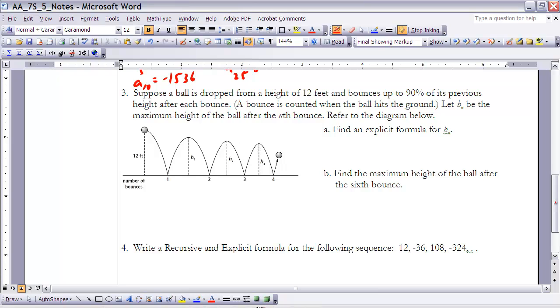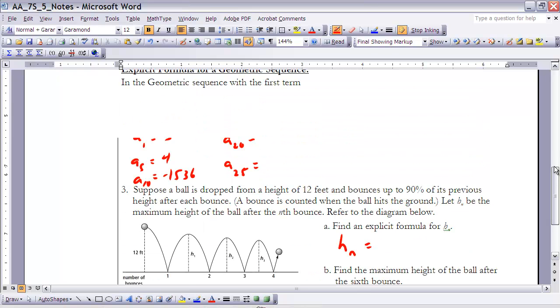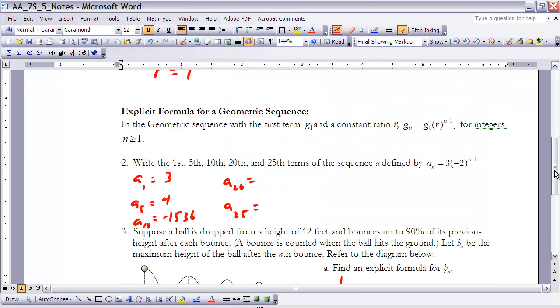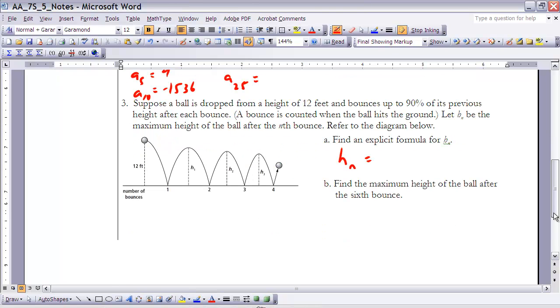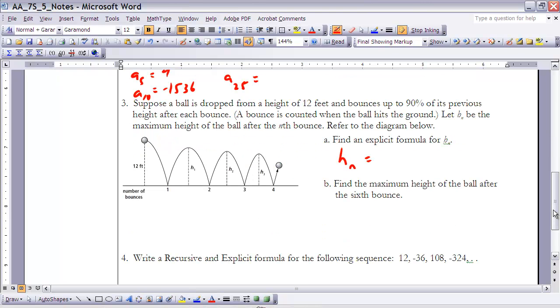Well, let's do that. So H sub n is equal to, now we're trying to write the explicit formula, and remember that explicitly it will always be equal to the first term times that constant ratio raised to the n minus first power. So that's what we're looking for. Okay. So the first term, we have to be careful. It is not 12.